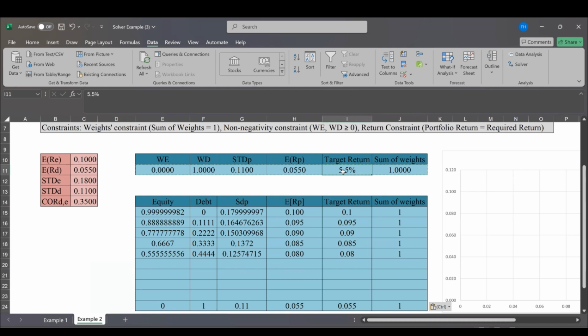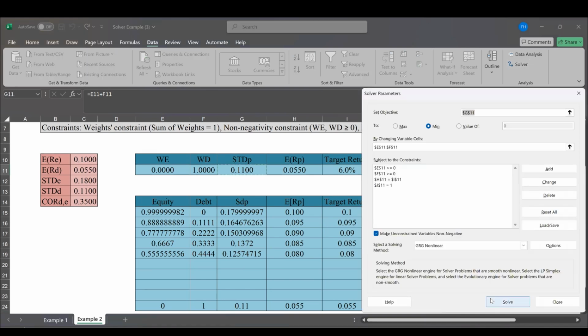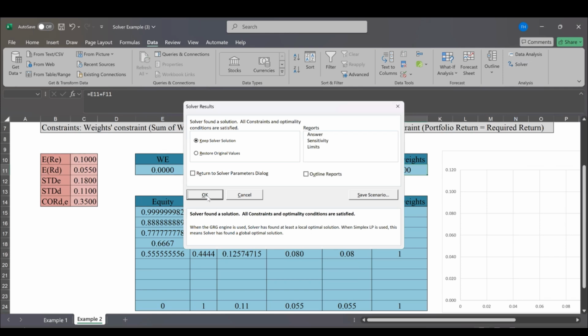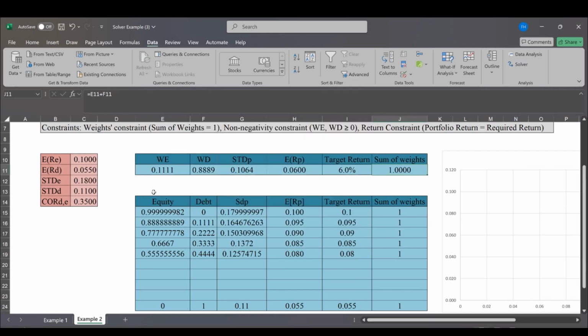Then I'm gonna here choose a target return of 6%. Go to solver, click on solve. So again, I copy and paste values only.